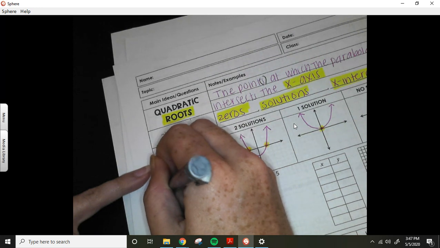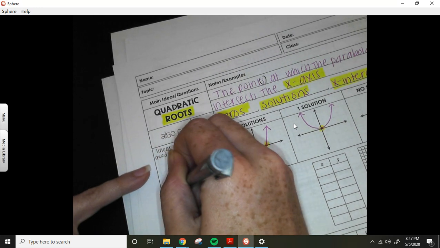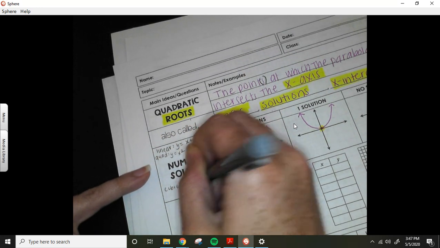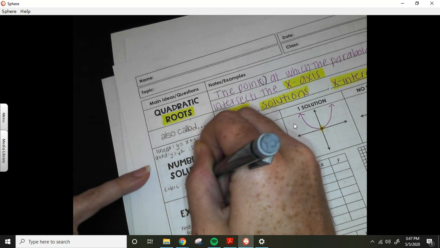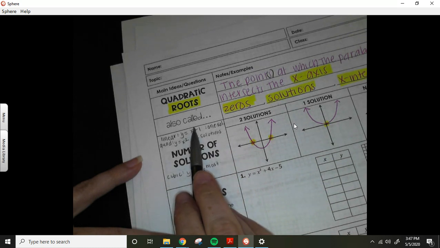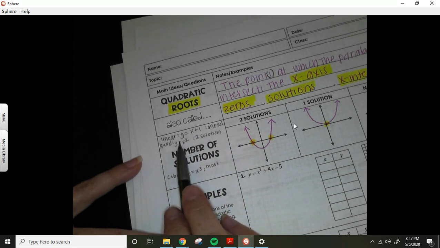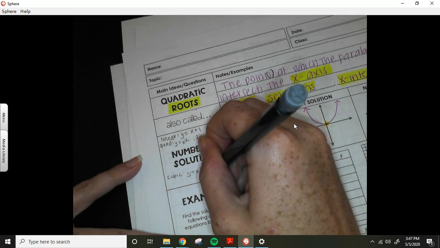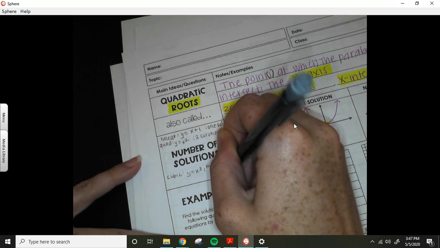For a cubic function, y equals x to the third, how many solutions do you think you can have at most? If linear is 1 solution and the degree of the variable is 1, and a quadratic can have at most 2 solutions and the degree is 2, a cubic should have 3, because the degree is 3.